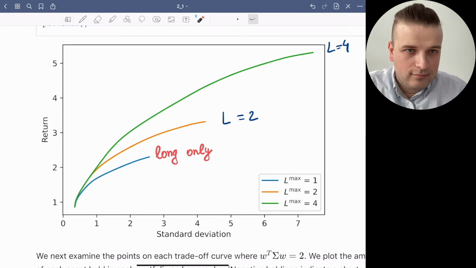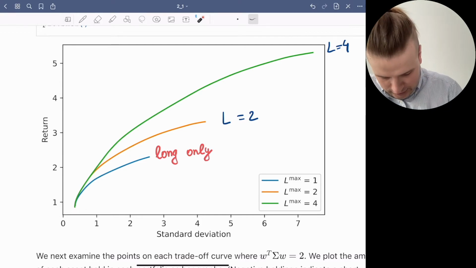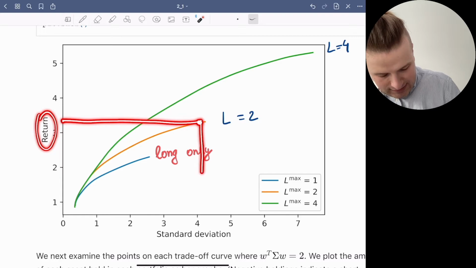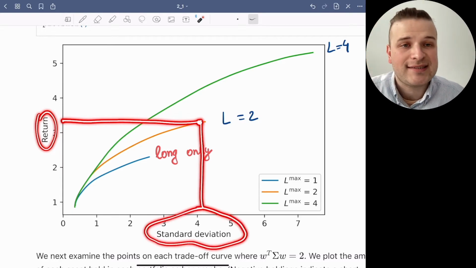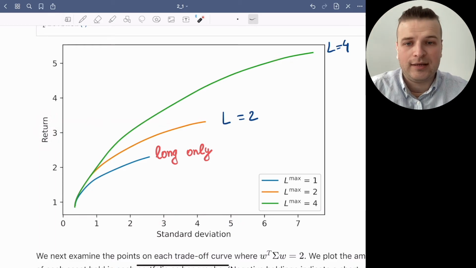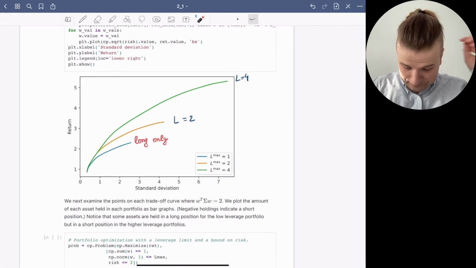That's the classical situation here. So here you can gain more in terms of return, but at the same time you have a bigger standard deviation, and the same conclusion holds for a bigger value of L.